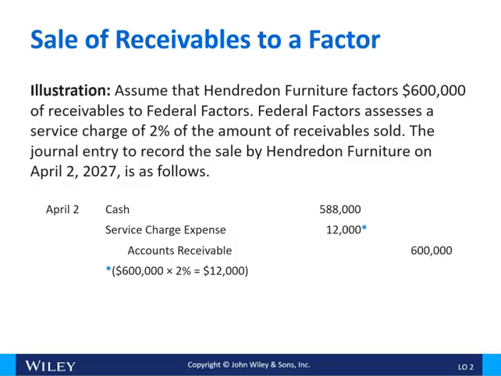The company that is buying the receivables takes on the risk that the customer won't pay in the future, and they're getting $12,000. By doing this, they only have to pay us $588,000. Then they will collect the full $600,000 from the customer.